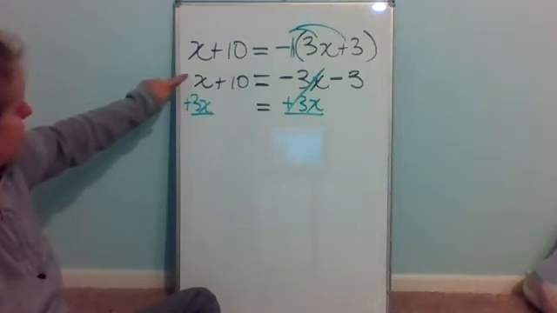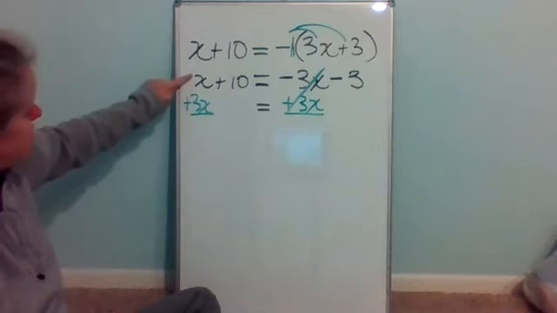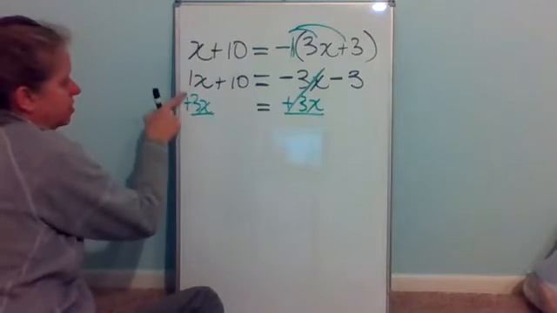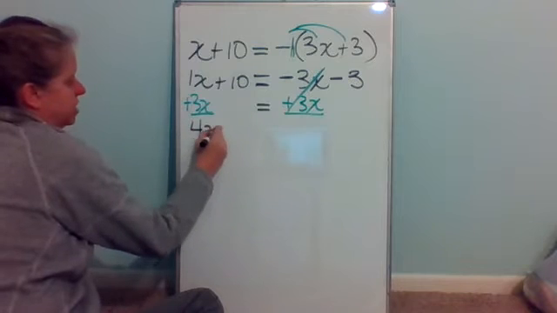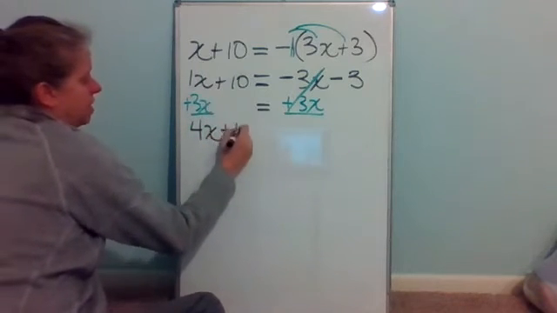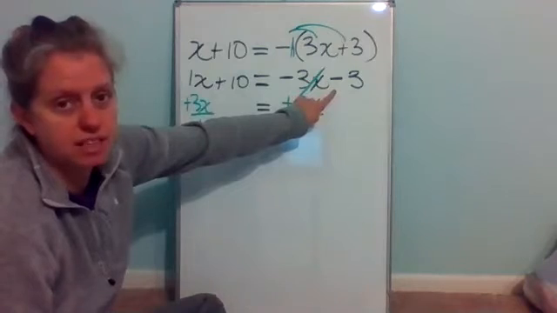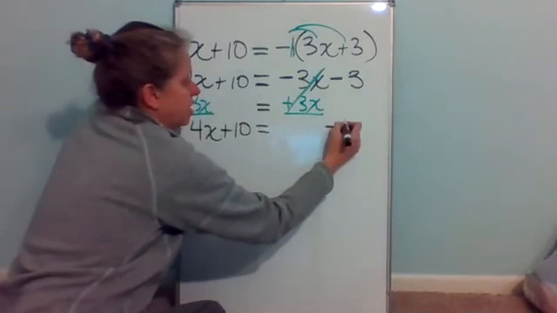So let's see what I have over here. Since this is just an x, it's represented by a 1x, right? So when I add these two together, I will have 4x. Drop down my +10 equals, on this side, just drop down your -3.